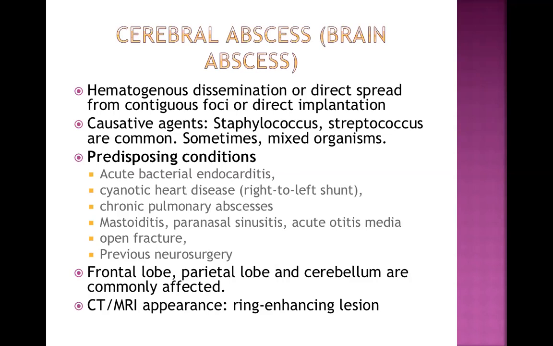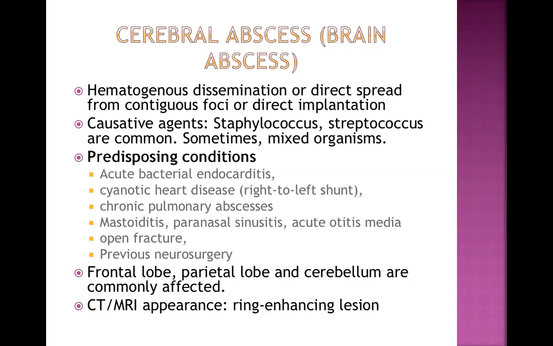Remember, there are 4 different ways by which microorganisms enter into the brain. So this is the brain abscess. That means microorganisms, mainly bacteria, are reaching inside the cerebrum, and these are the ways. The common causative agents of brain abscess are staphylococci and streptococci, and many of the times they are mixed organisms, both aerobes as well as anaerobes.